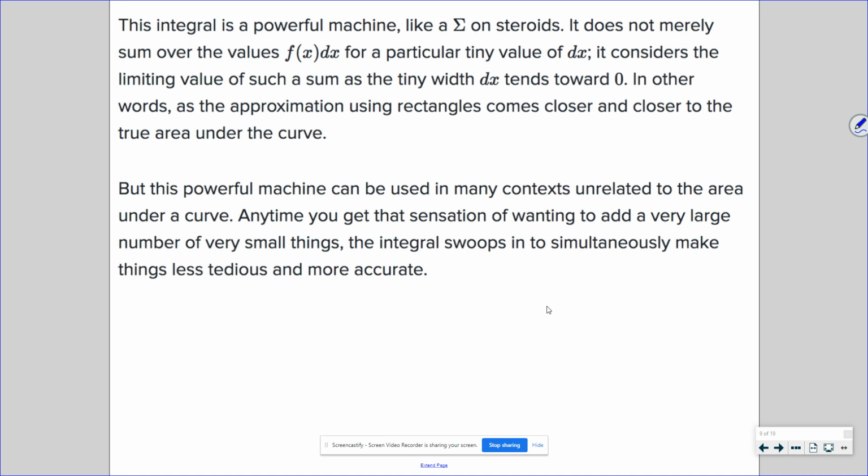It does not merely find the sum over the values for a particular tiny value of dx. It considers the limiting value of such a sum. So basically, if you're doing the limit as something is getting infinitely large, and that is adding up a bunch of things, then the integral can be used.